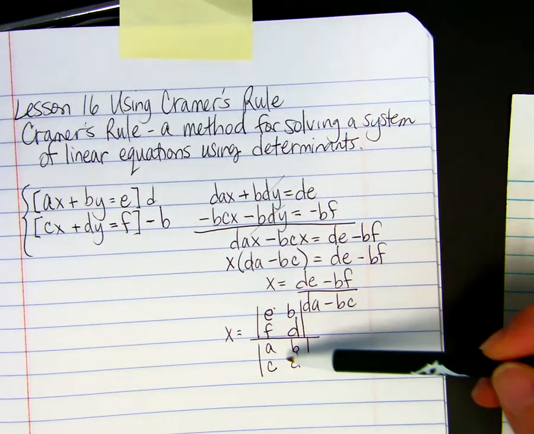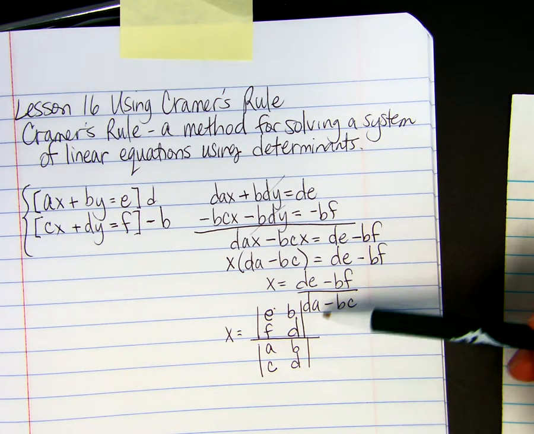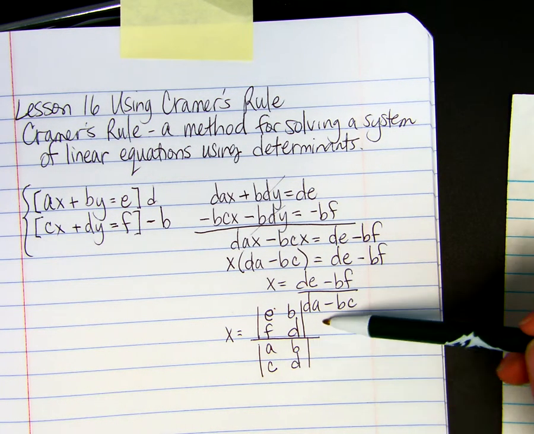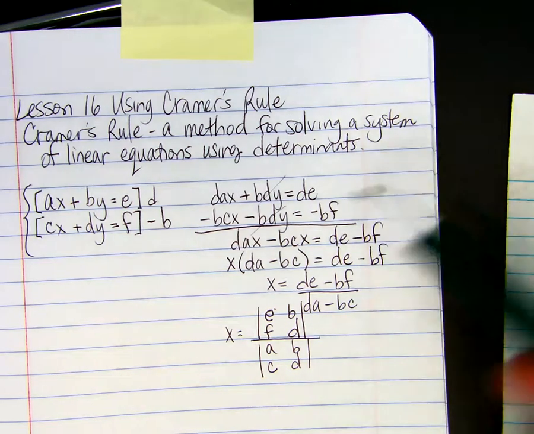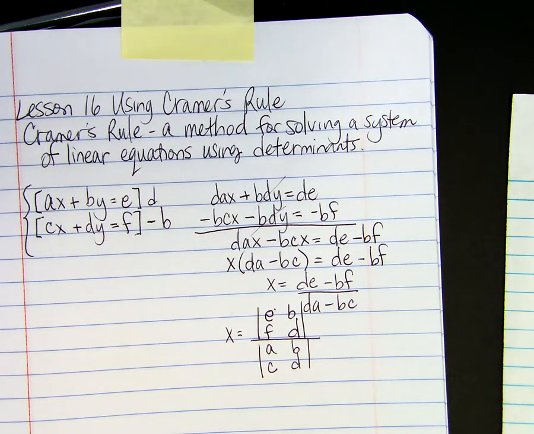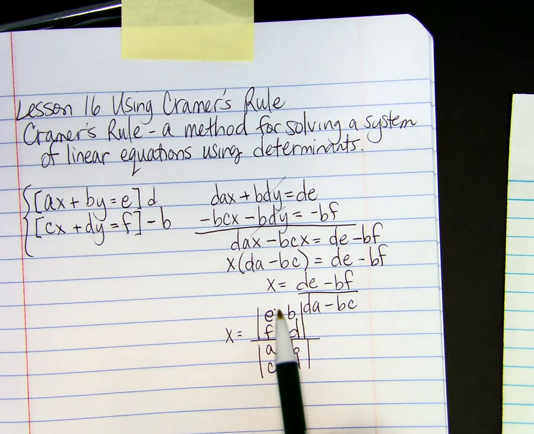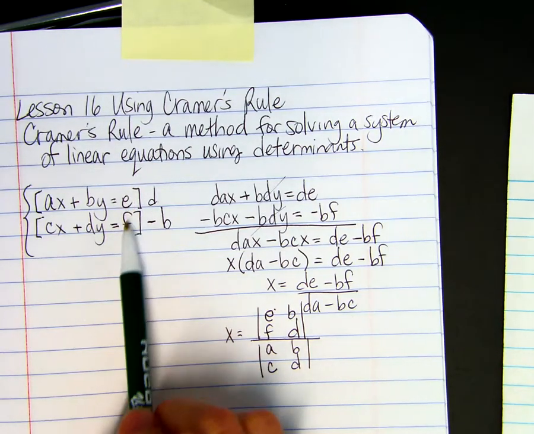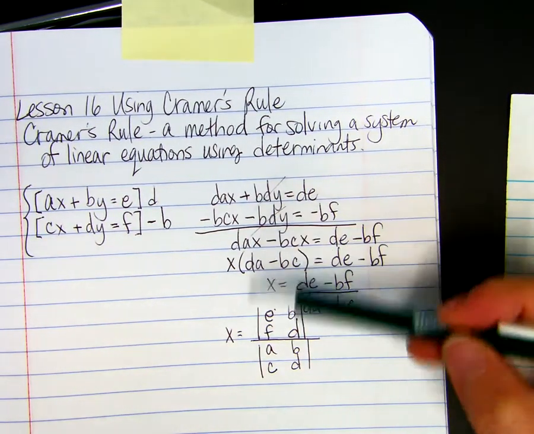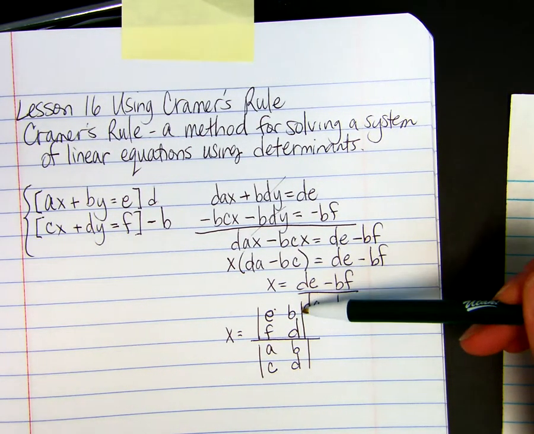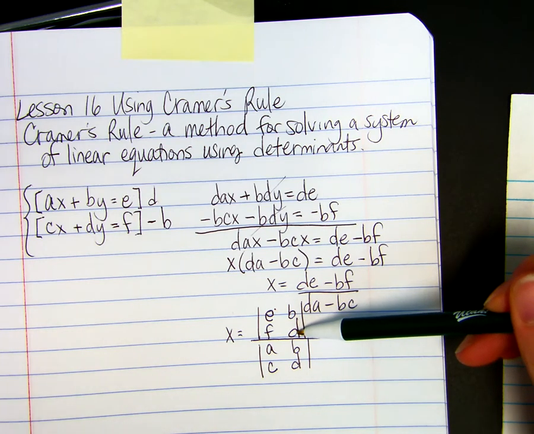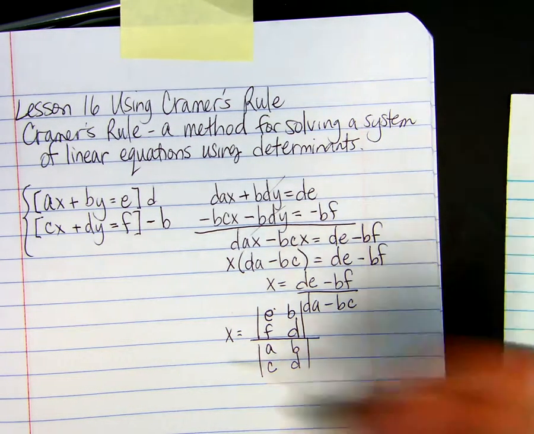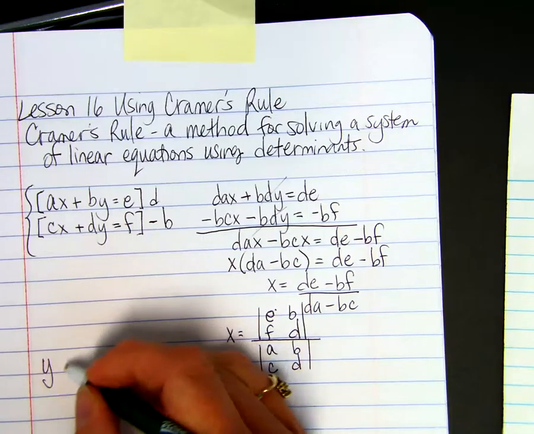When you do ad minus bc, that's just the determinant of the coefficients of x and y. To find x, we take the answers, these two numbers, in the first column, and the coefficients of y in the second column.